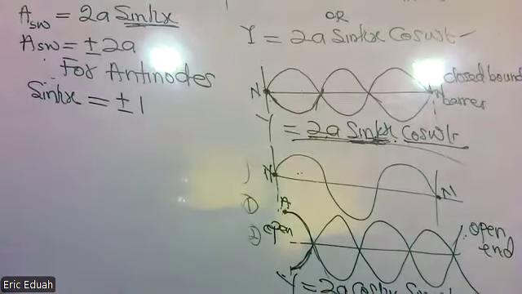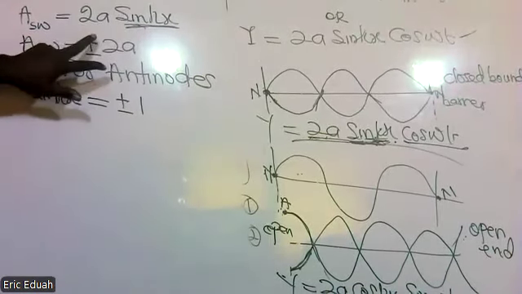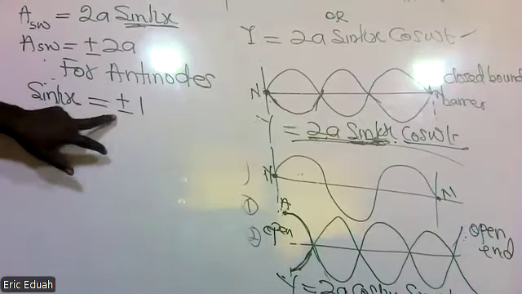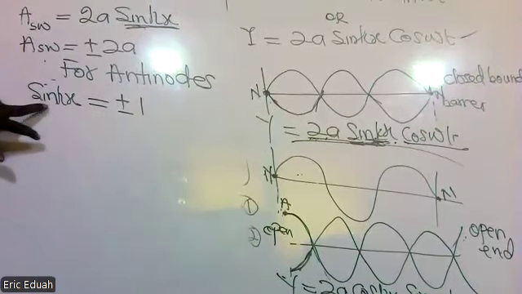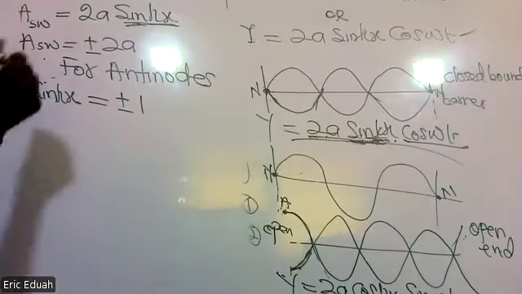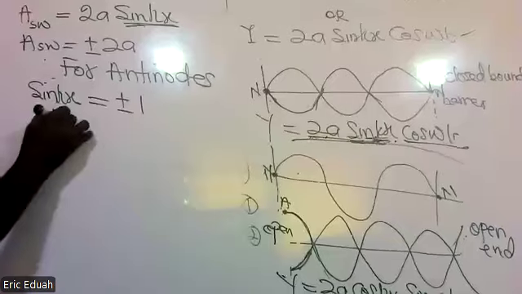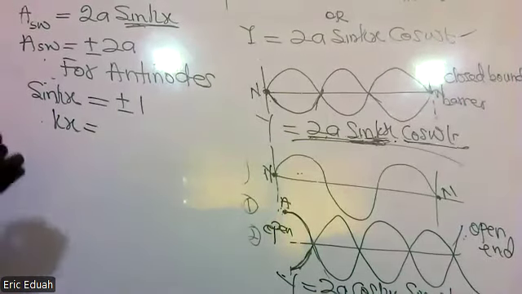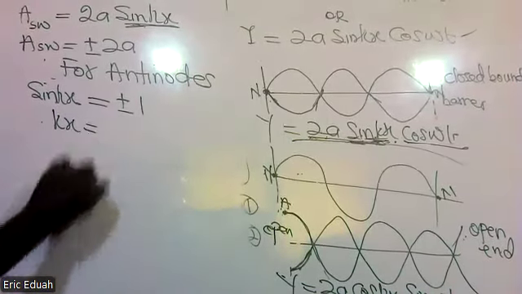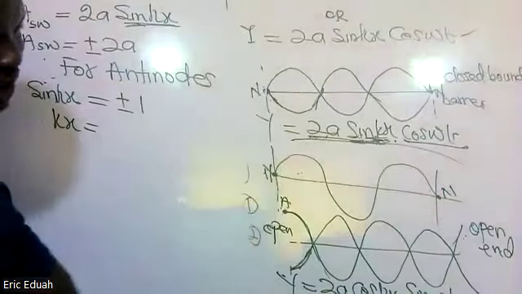And so we need to look at the possible angles which will give us plus or minus 1. Yesterday we realized that kx will be equal to either 90, but please, quickly, your angles in degrees must be changed to radians because this is simple harmonic.